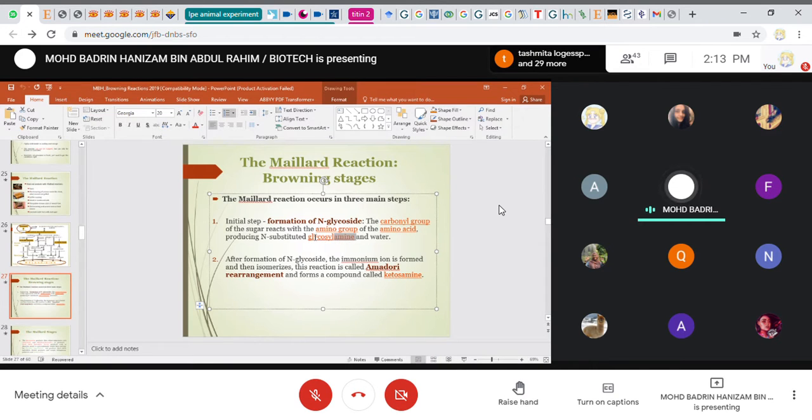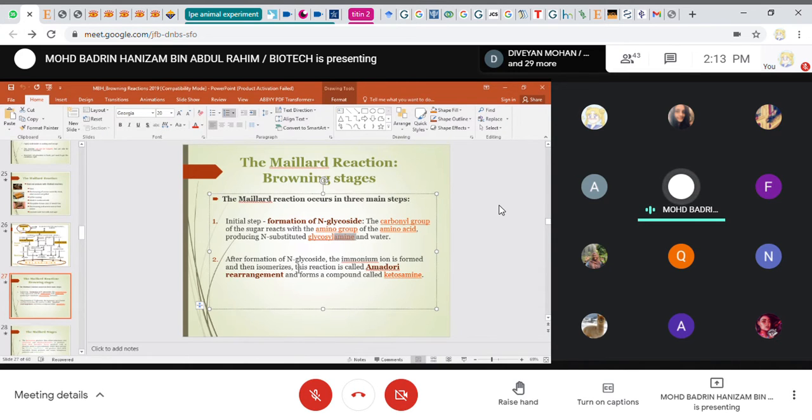Now the glycosylamine is produced, and it can start the second step of the Maillard reaction. After the formation of N-glycoside, or glycosylamine, the ammonium ion is formed, and then this ion isomerizes.